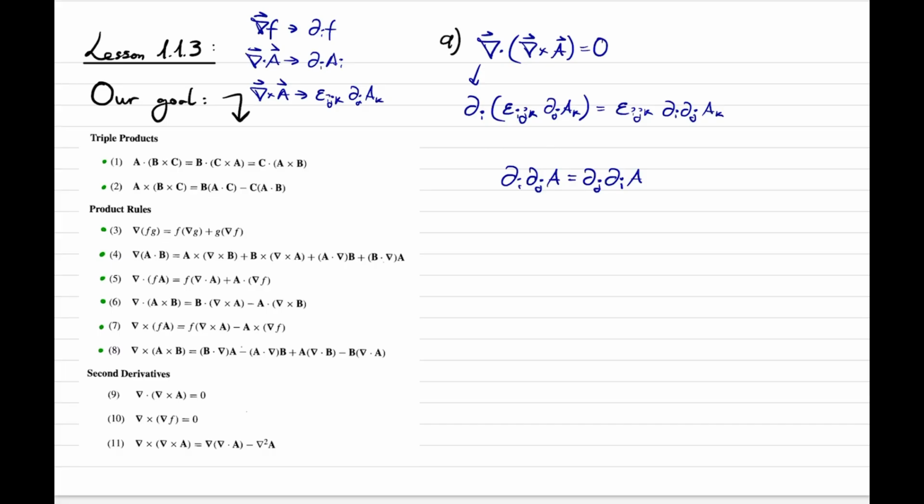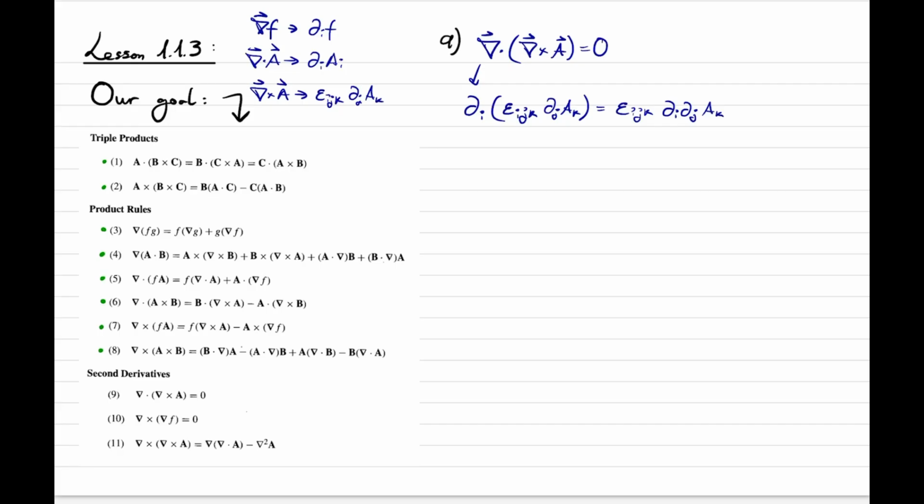So we can swap partial derivatives. Not every function behaves this well, but we are going to assume that we are working with a vector whose components have functions that behave well. So strictly speaking, this is not a proof for any vector. This is a proof for a vector that behaves well enough.